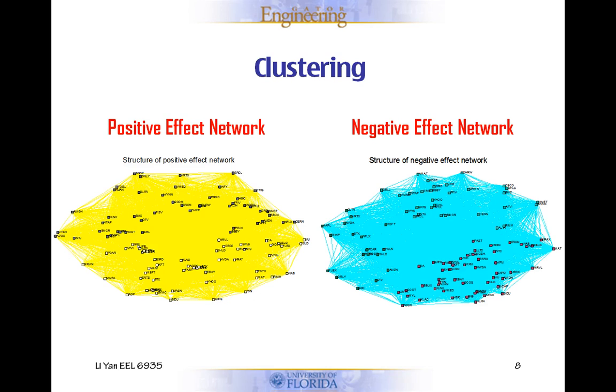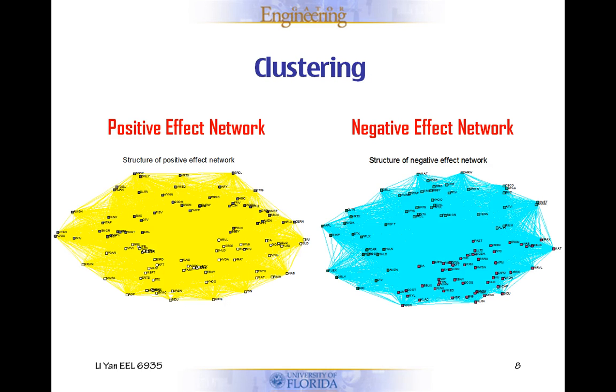As we have two matrices representing the positive effect and the negative effect, we have two clustering results. The left side is the positive effect network clustering result.